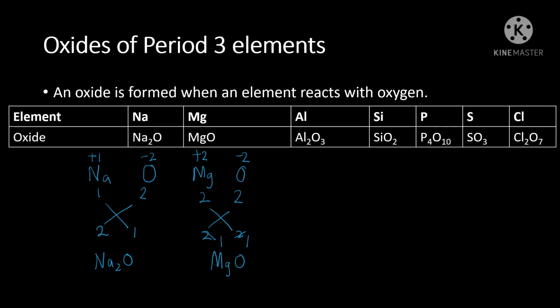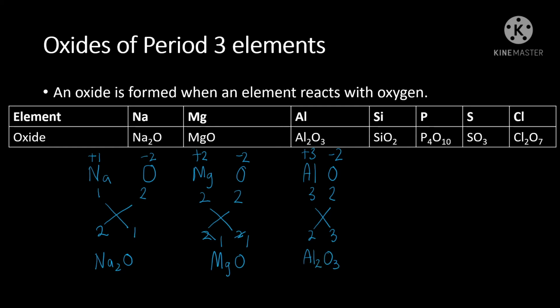For aluminium oxide, aluminium is in group 13, so the oxidation number is +3. And the oxide is again -2. When we cross the oxidation states, again ignoring the charge, we get the formula for aluminium oxide as Al2O3.